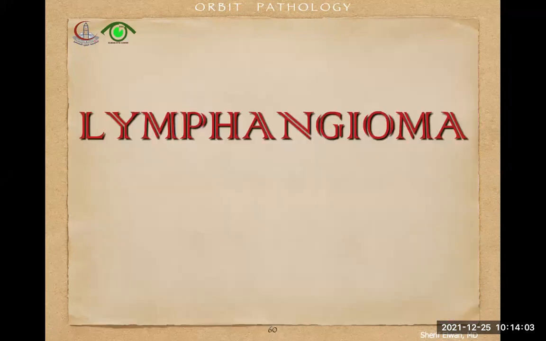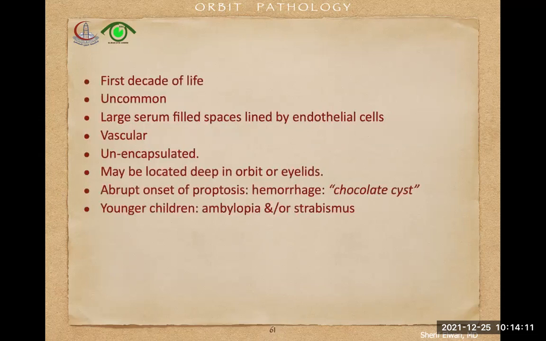Now, another hamartoma, which is lymphangioma. The origin is lymphangioblasts, not hemangioblasts, the cells that form the walls of the lymphatics. It occurs in the first decade of life. It's uncommon. Of course, the spaces are filled with serum, not with blood, lined by endothelial cells.